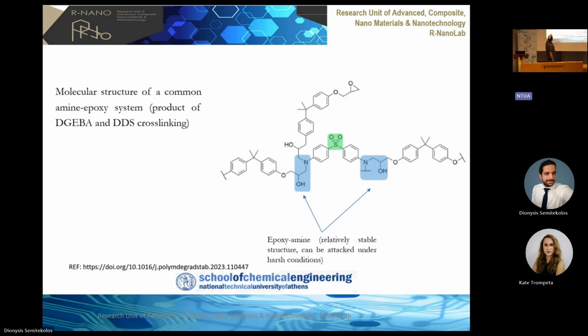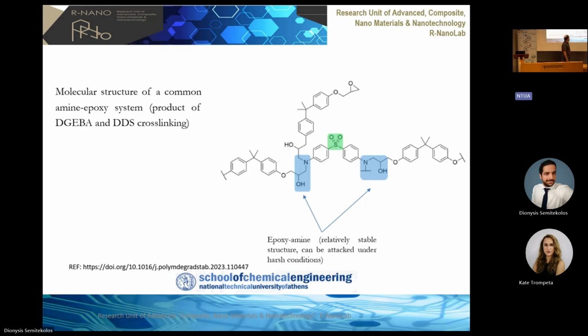You can see here the molecular structure of the common amine epoxy system, the most well-known combination of DDS crossing. As you can see, these are the main links where it can be attacked. The epoxy amine is a relatively stable structure, but it can be attacked under harsh conditions.